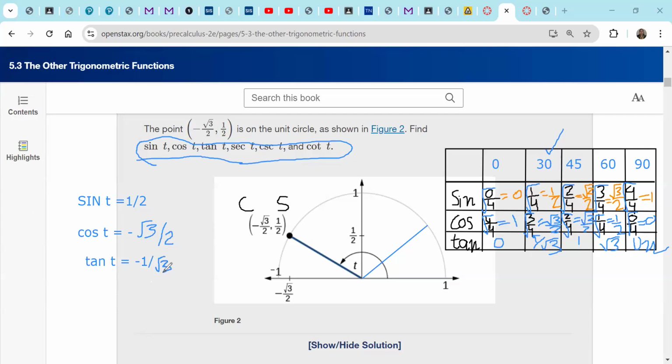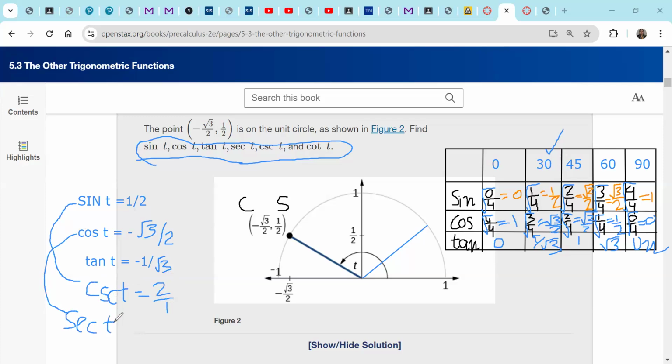And then, as I mentioned earlier, the cosecant is opposite of whatever your sine is, always. So if sine is 1/2, cosecant will be 2 over 1. Secant is opposite of the cos, so secant is going to be the flip over of the cos.